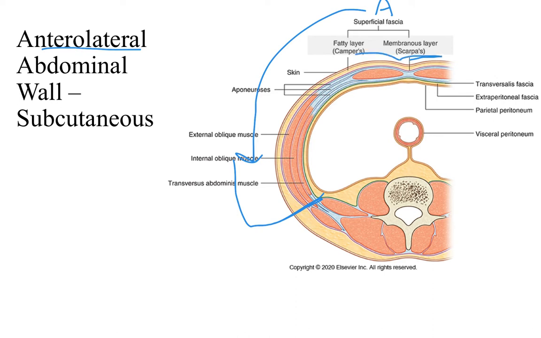And then under that, which is also referred to as your subcutaneous layer, we'd have the fatty layer called Camper's fascia, and underneath that, separating the muscles from Camper's fascia, would be the membranous layer or Scarpa's fascia. And just as a preview to what we're going to be talking about, the different muscles, here would be a muscle right here. Here would be a set of three, 1, 2, 3, going from external to internal, or superficial to deep. And then the aponeuroses that connect muscles together.